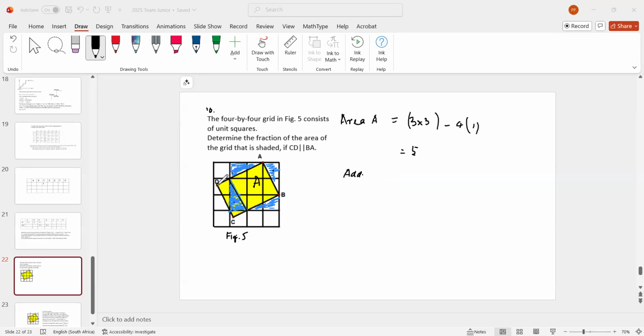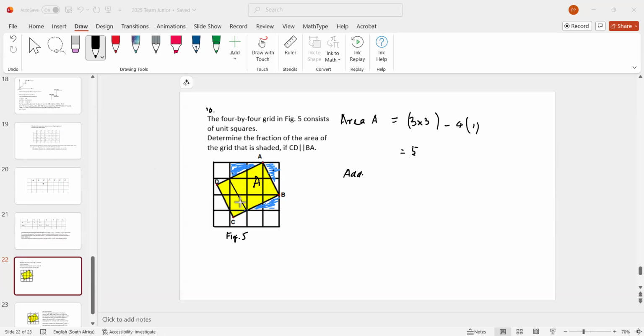You'll have to add this part here. Let's just take this thing out. Okay, so I have to add, I need to know the area of this rectangle.